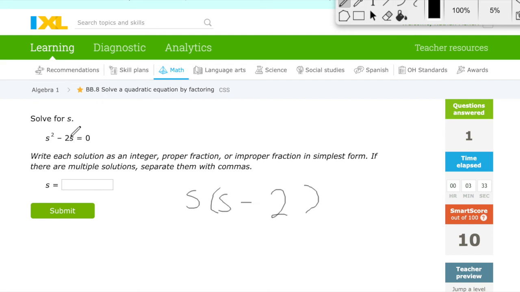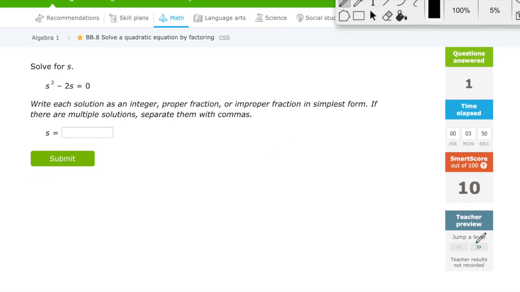If I had minus 2s and I take the s away, then I'd have minus 2 by itself. And then again, those are equal to 0. And just like in BB7, you would have s equals 0 and s equals plus 2. Let's go ahead and see if it gets any more challenging, and if not, we'll wrap up.